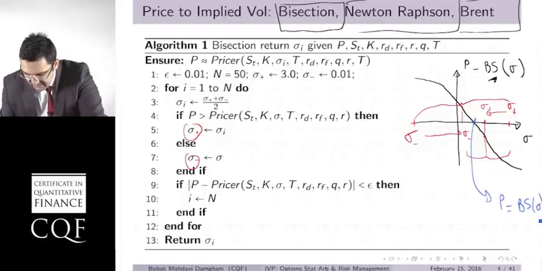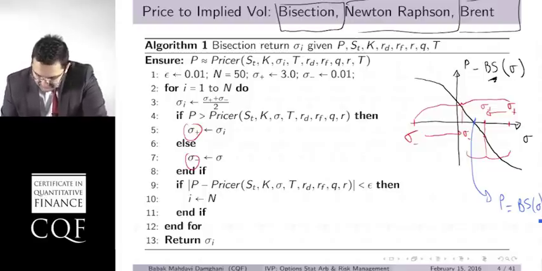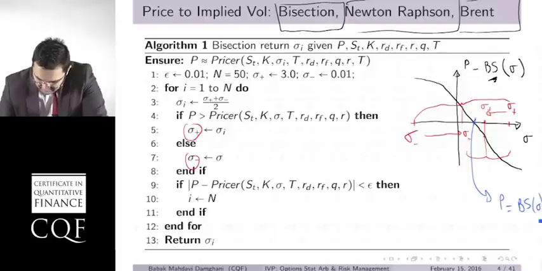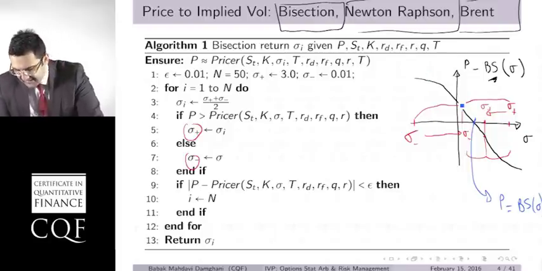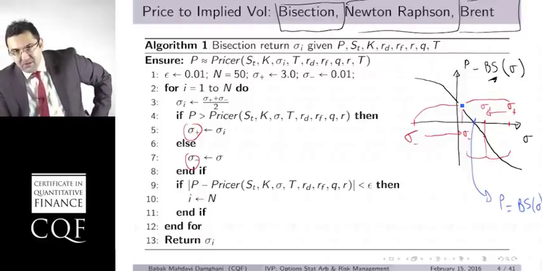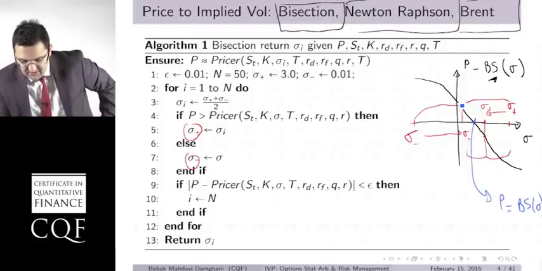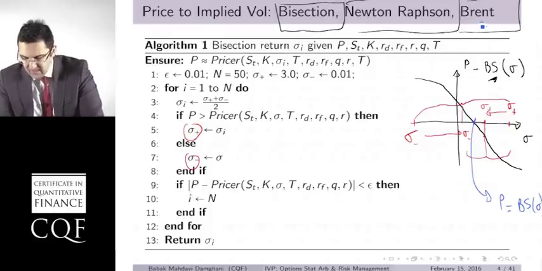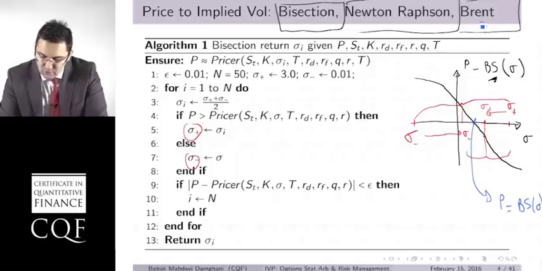The Newton-Raphson is sort of similar in a sense that instead of taking midpoints here, you take the derivative. And the advantage of that one is that it is much faster, but sometimes it doesn't converge. So you have the Brent algorithm that intervenes in this situation, which essentially is the Newton-Raphson.